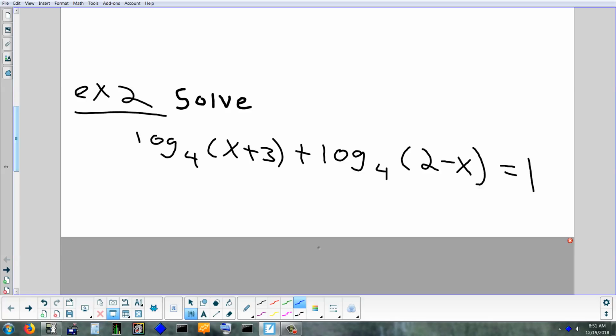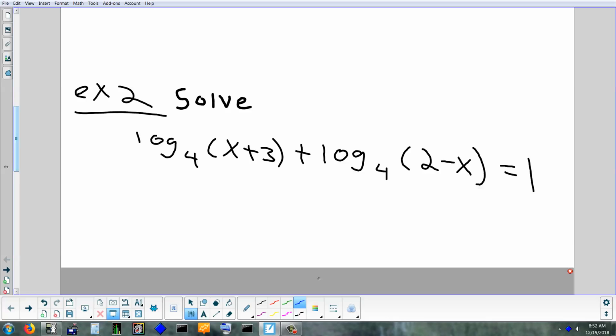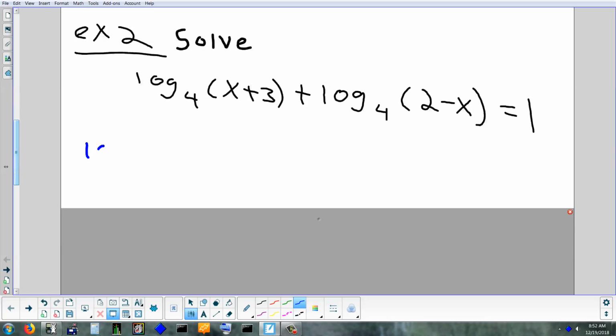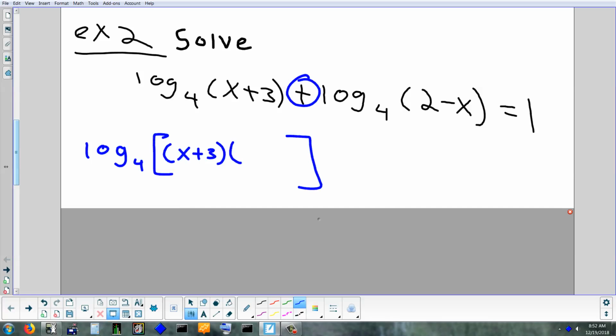You can combine them by putting the log in front and multiplying both arguments. Joe just said we have to combine them by multiplying because there's a plus sign there. Joe, can you tell me what it'll be? It will be x plus 3, times 2 minus x. And then equals 1 just stays where it is.